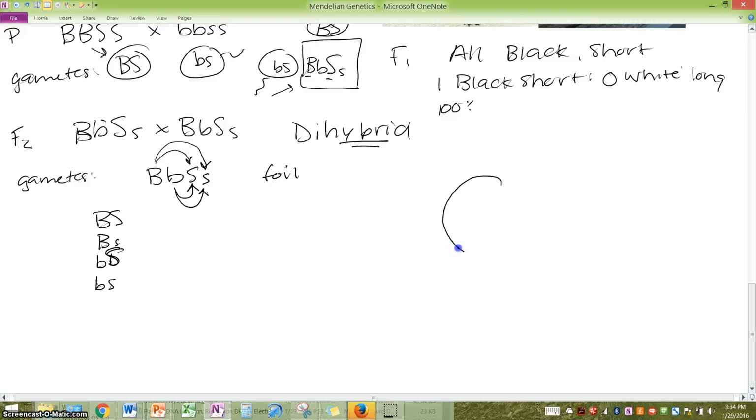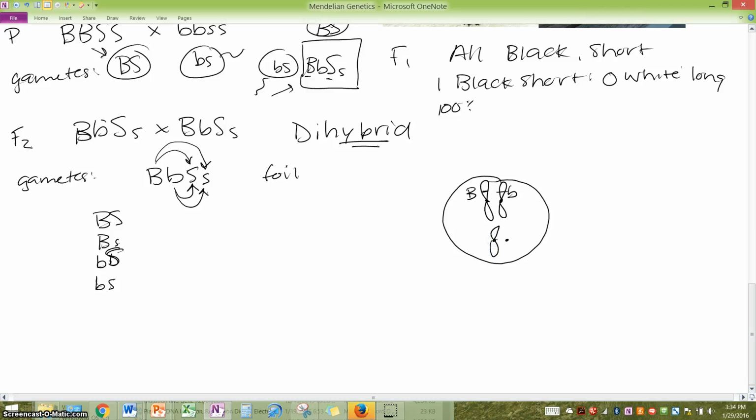So this is my starting cell at the beginning of meiosis. This individual is heterozygous, so they have one big B allele and one little b allele on a homologous pair.